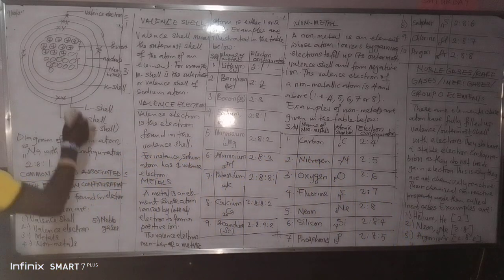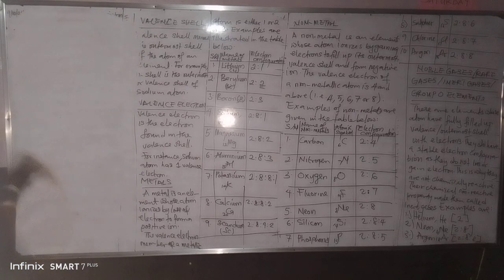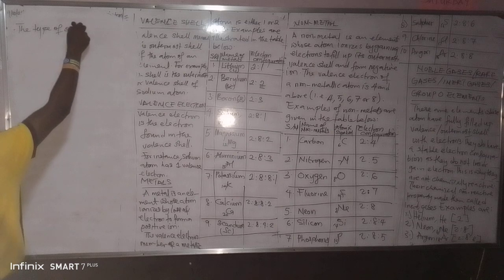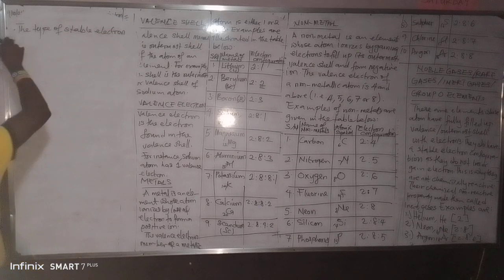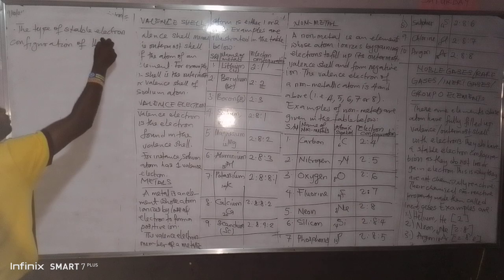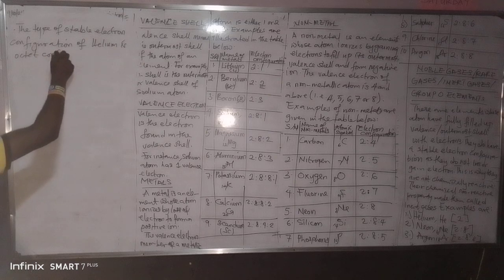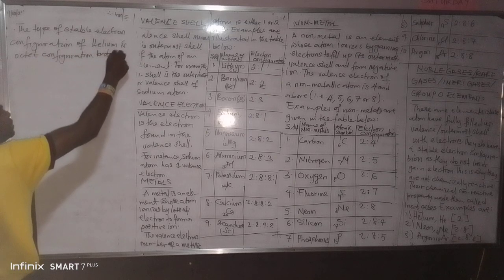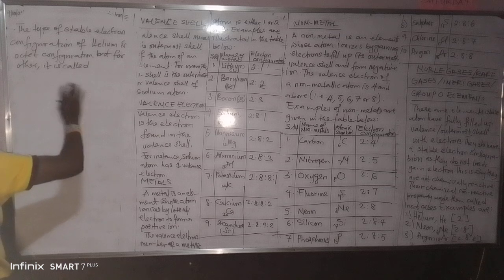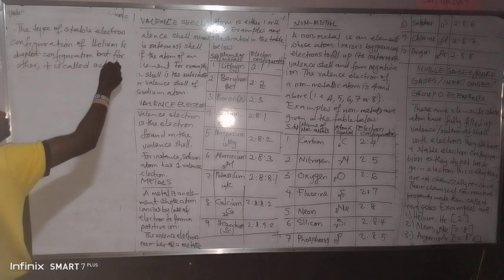Take note of one thing. The type of stable electron configuration of helium is duplet. Duplet configuration. For the others, it is called octet configuration.